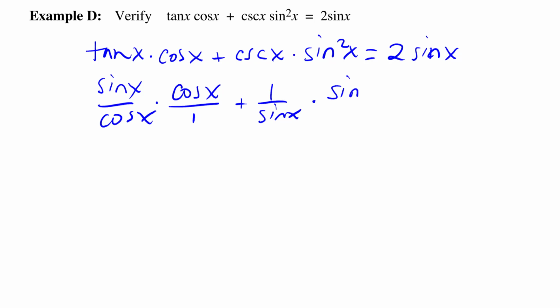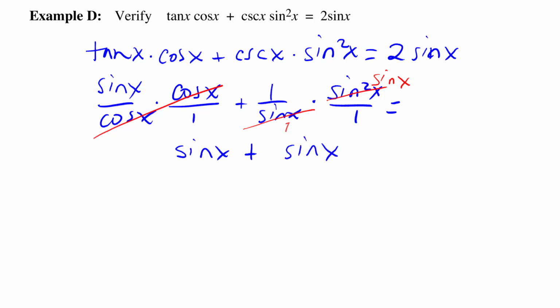Maybe put it over 1, sure. The first pair of fractions, we can divide out cosine x, we see, and we get sine x plus, let's see, in the second pair of fractions, we can divide out sine x, and we're left with sine x all by itself. So what we have here is sine x plus sine x, that's 2 sine x, and that's exactly what we want to get.